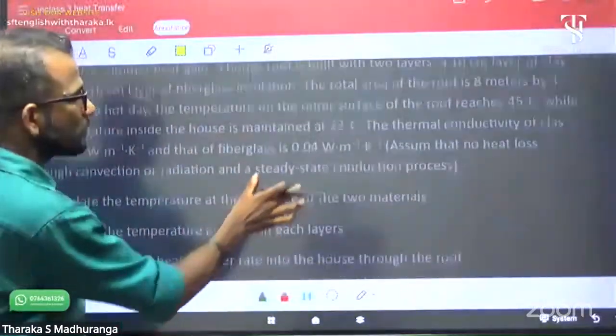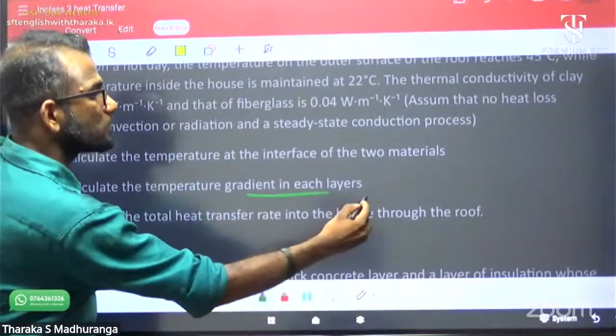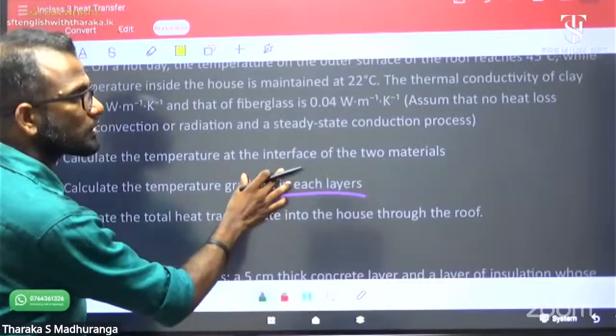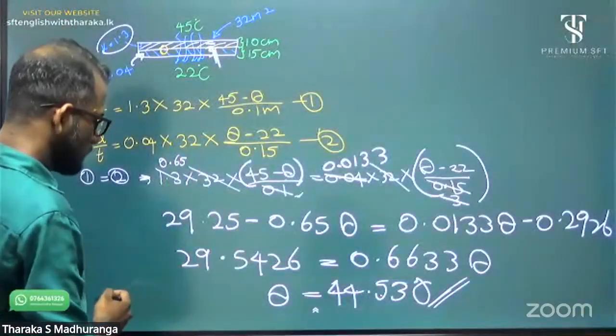Okay, the intersurface temperature is done. Now you can calculate the temperature gradient in each term.